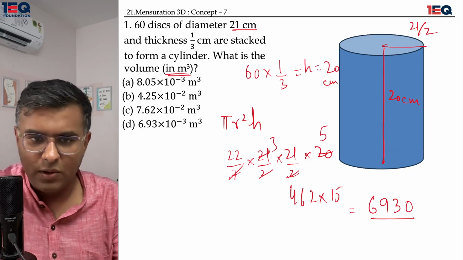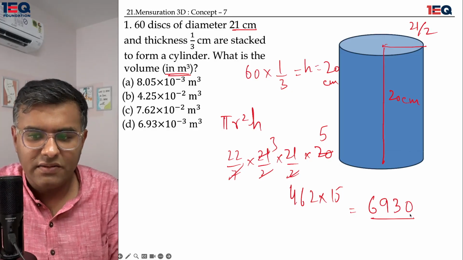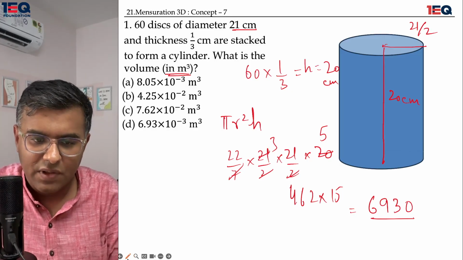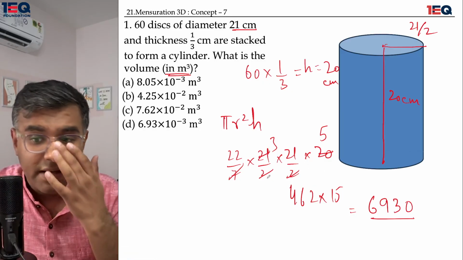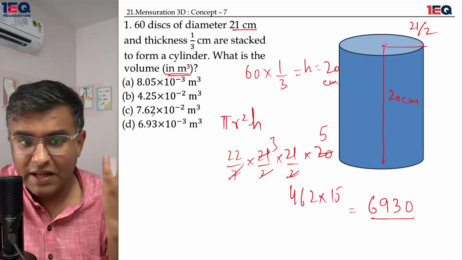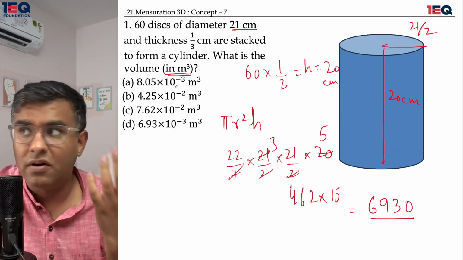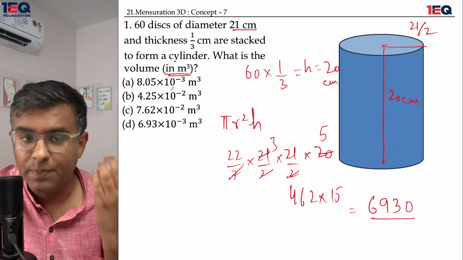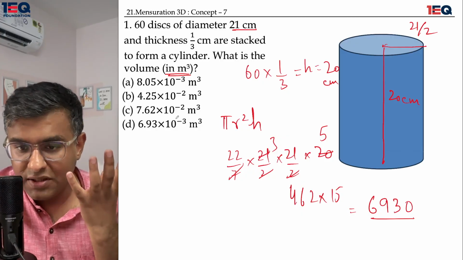We are continuing in the same question. The only difference that we are going to talk about here is that 6930 was something that we achieved. Let's consider a case where all the options were 6.930 or something, and just the units were different, or the exponent of 10 was different. Had this been the case, it would have been difficult for you to understand what is actually going on.